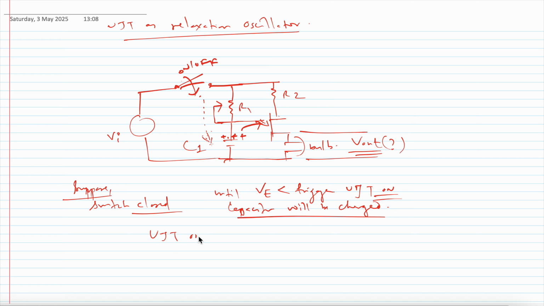and then at one point the UJT will be on. UJT on means current will flow and the bulb will glow.